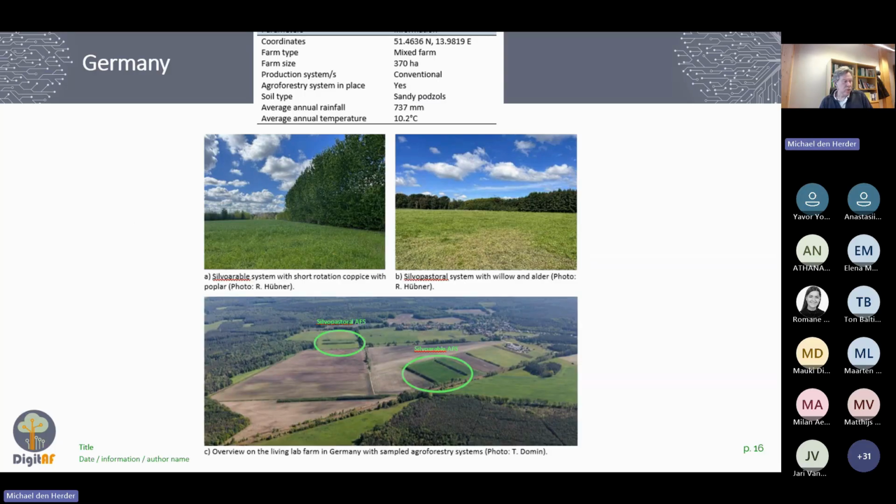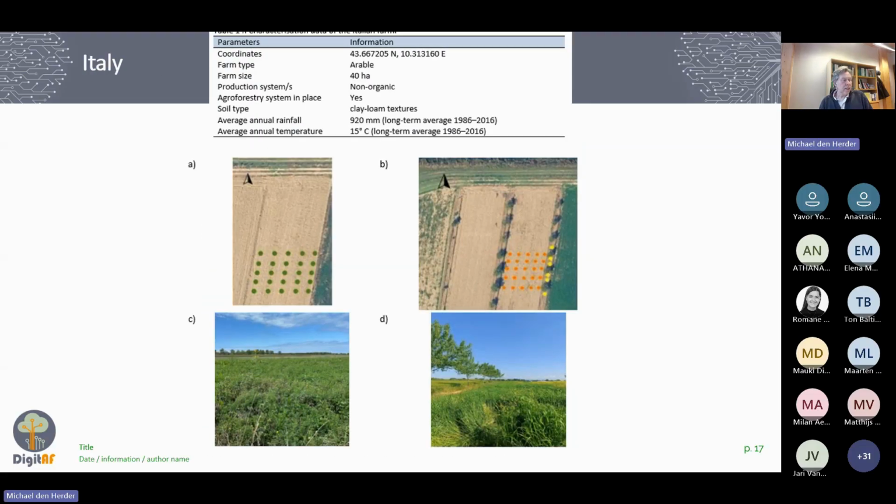If we go to Germany, there's a silvo-arable system with short rotation coppice and a silvopastoral system with willow and alder. In Italy, we have a silvo-arable pastoral system with poplar, and there they took samples in a control area, then in the area with poplar trees, and then also inside the tree rows.